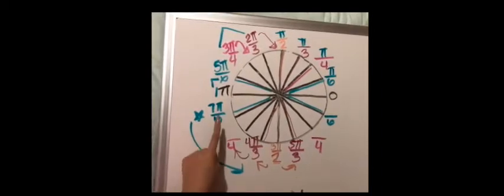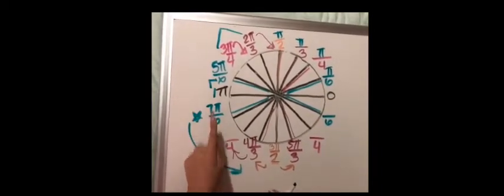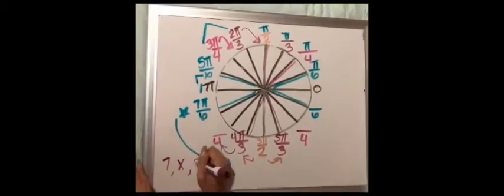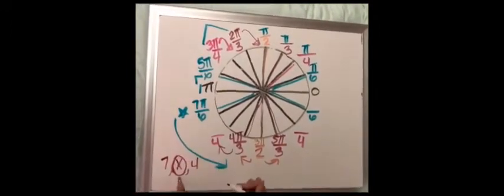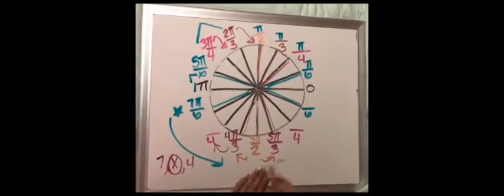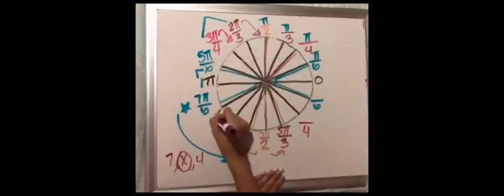Next, it's going to be the same in this situation, where I have 7 pi, 6, I have 7, and then I have x, and then I have 4. So I'm going from 7 to x to 4. If I'm decreasing, I'm going to use a logical number that belongs here, a number that is between 7 and 4, and it's a number that I'm repeatedly using. I've already used 5 pi, so I'm going to use 5 pi.